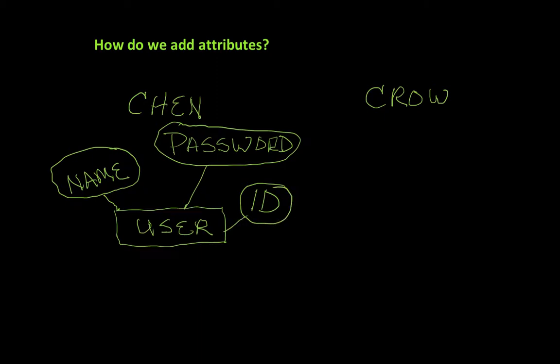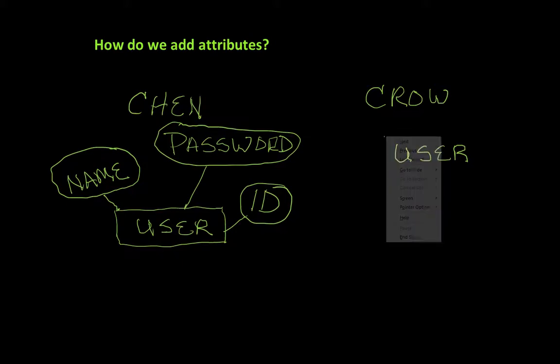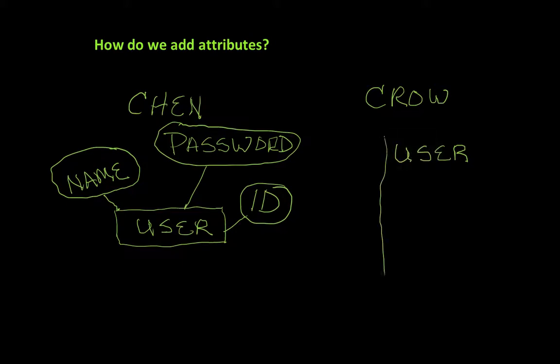Now, if we go to crowfoot, you'll remember that crowfoot is just a little bit different. We start off with our entity, again, user. But this time we're going to put user in a rectangle.